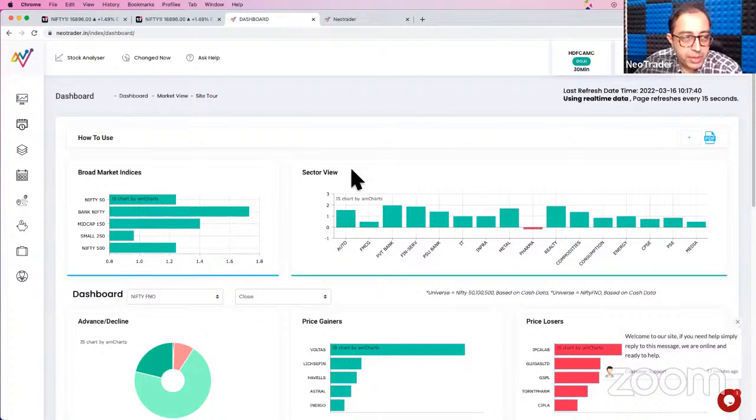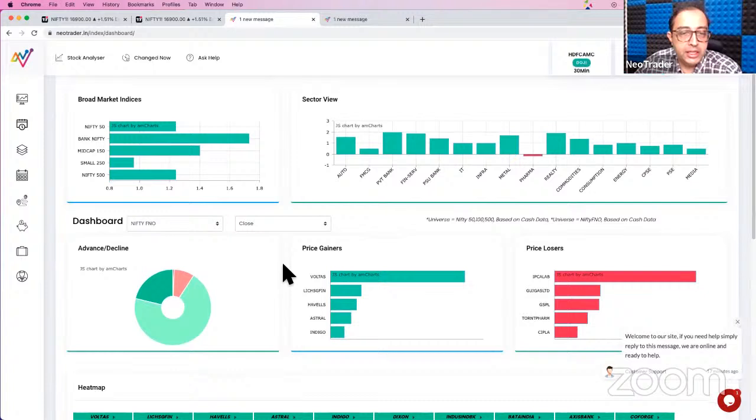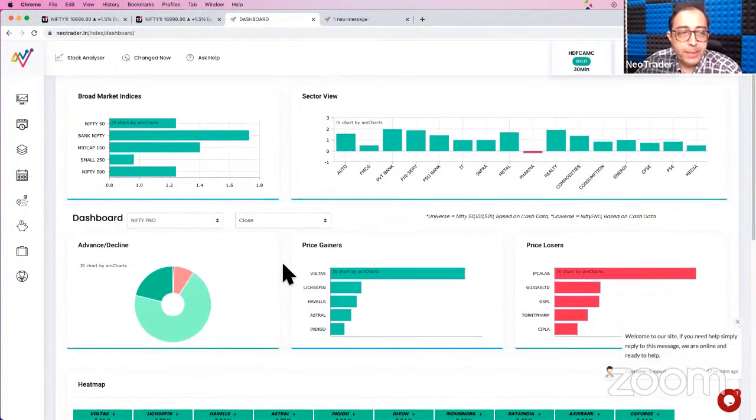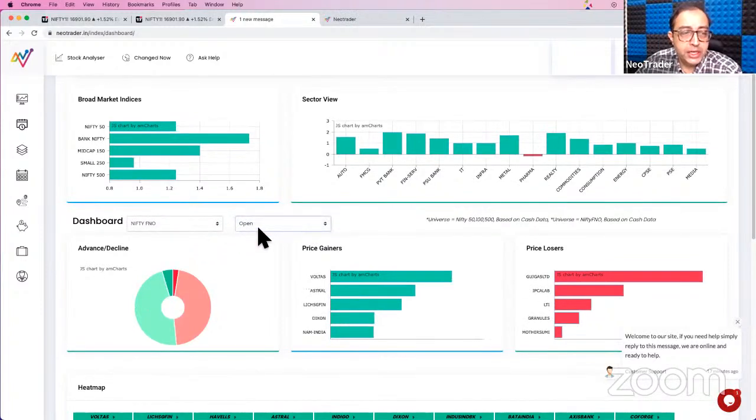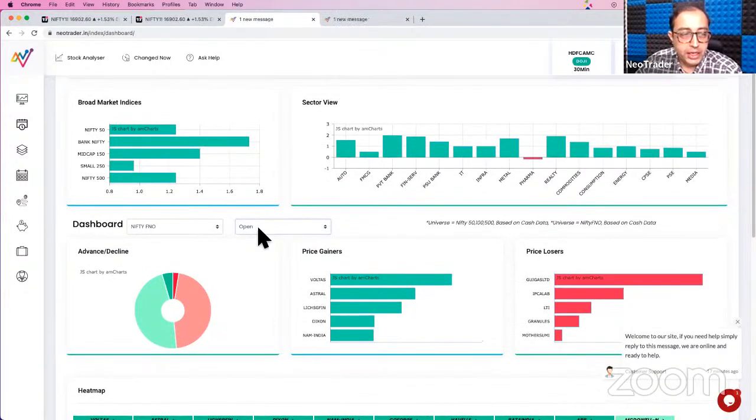Now, when you go into the markets and take a look at the scenario, you can see that there is a sea of green out here, right? Yesterday, after some hesitation, the markets moved up. Though the market is on the positive side, this is where NeoTrader helps you read the market better. And what we are seeing here is, yes, the market is positive, but you have to tread the water carefully.